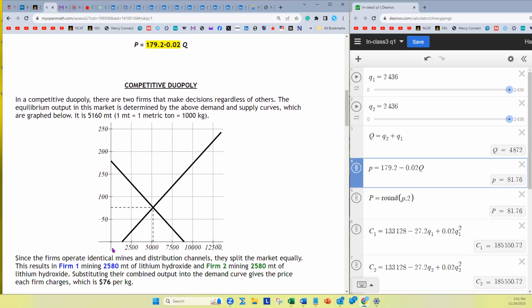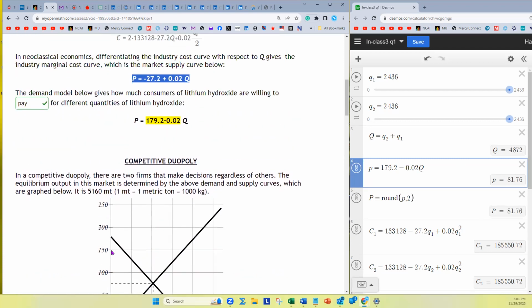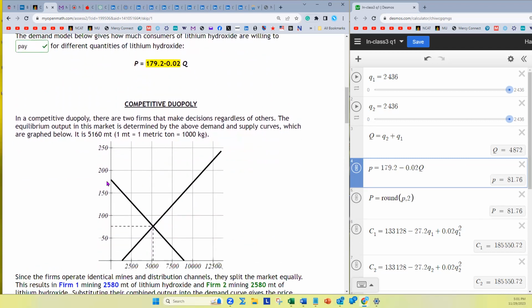So if you extend this down, it crosses the y-axis at a negative 27.2. Now this is the demand equation, and it crosses the y-axis at 179.2, right? And it slopes down. The market equilibrium is determined by the intersection of demand and supply.